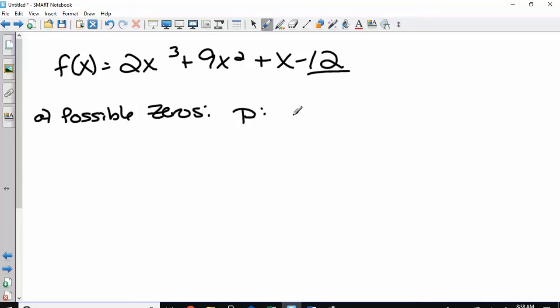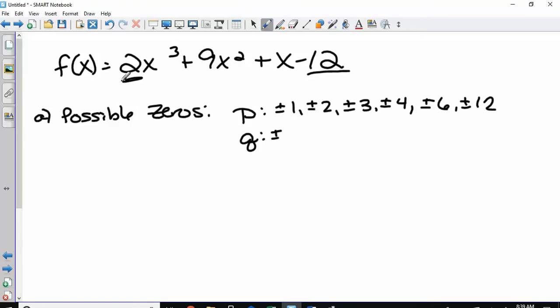So what's everything that goes into 12 evenly? Q is the leading coefficient. Everything that goes into 2 evenly would just be 1 and 2. So then how do we find the possible zeros?